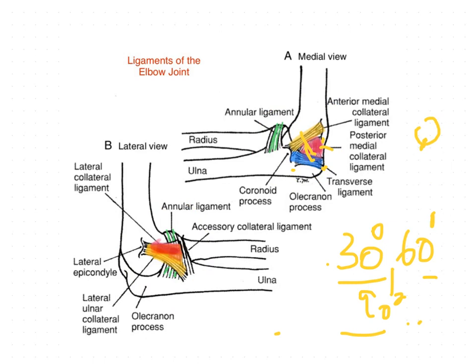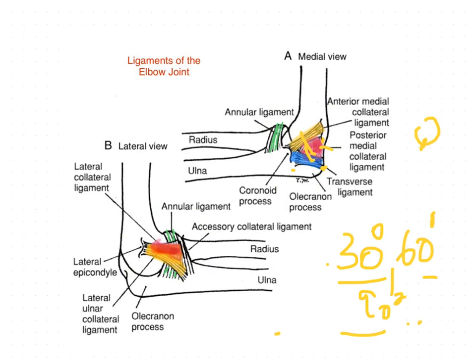Okay, that means the posterior bundle has a function that limits the elbow extension, and it has a less significant role in maintaining valgus stability.